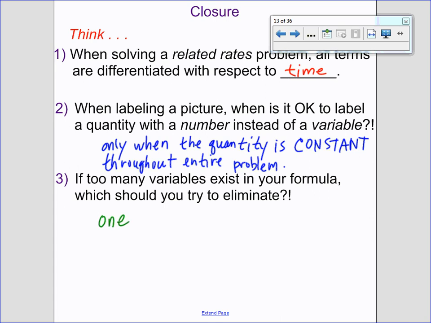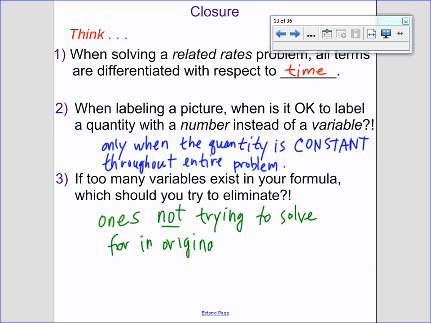We were trying to find dh/dt, so we tried to get rid of the r's because that wasn't involved in our rate that we're trying to find. And I'm going to add in the original question, because we ended up trying to solve for r in terms of h so that we could get rid of the r's and just have h's.